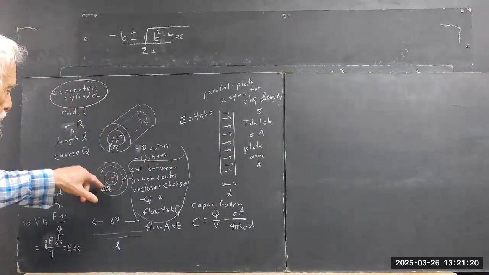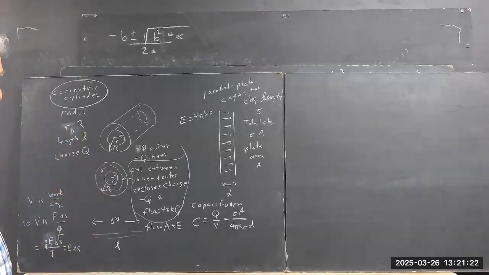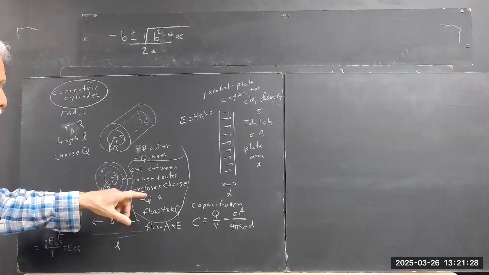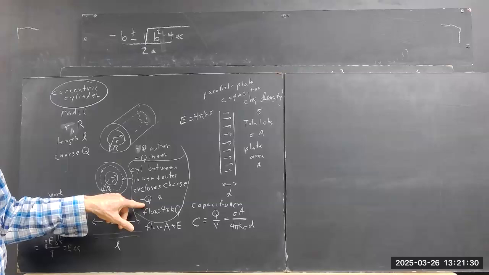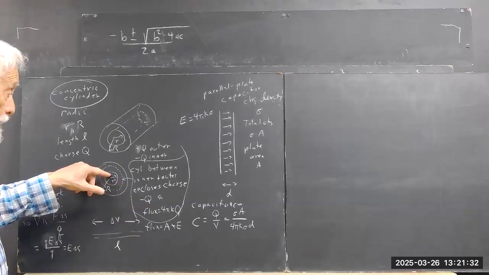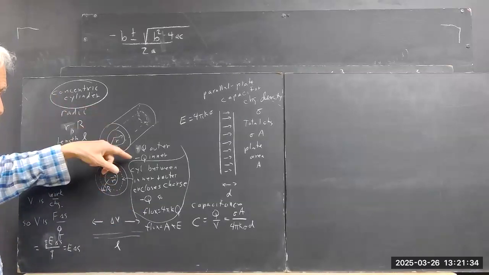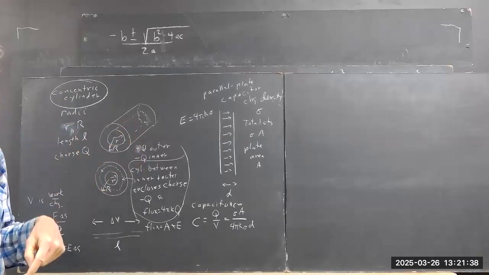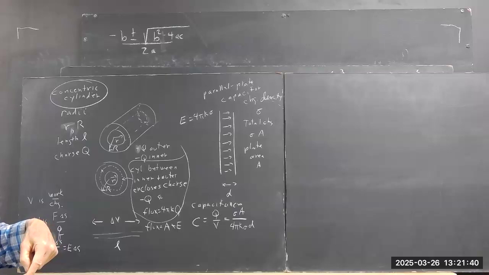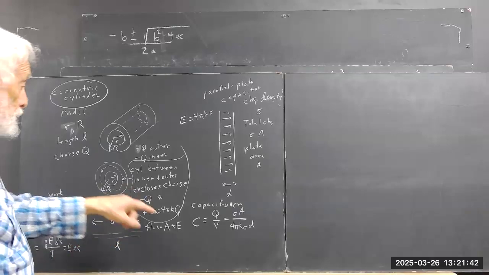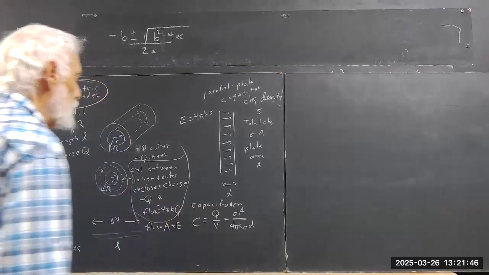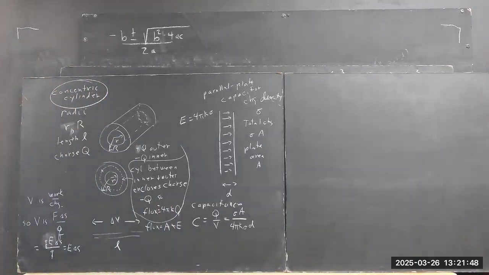If we have a cylinder here, it encloses charge negative q, because it's around the inner cylinder, which has charge negative q. So the flux is, be careful, negative 4 pi kq.